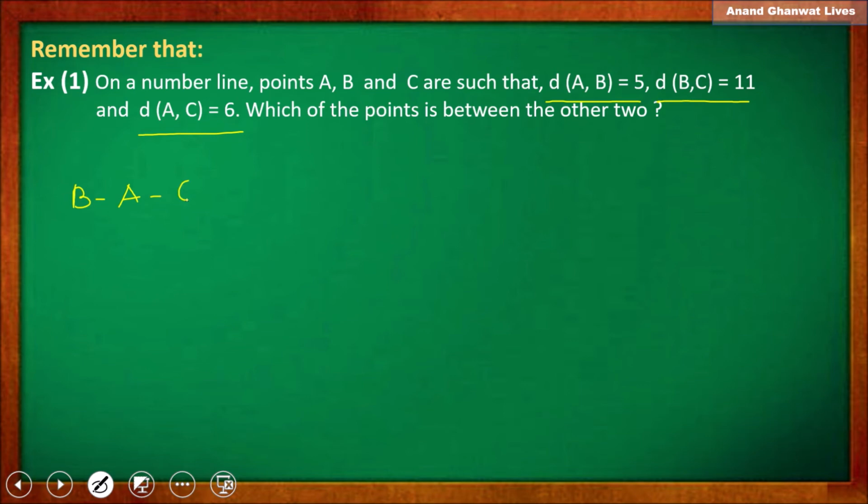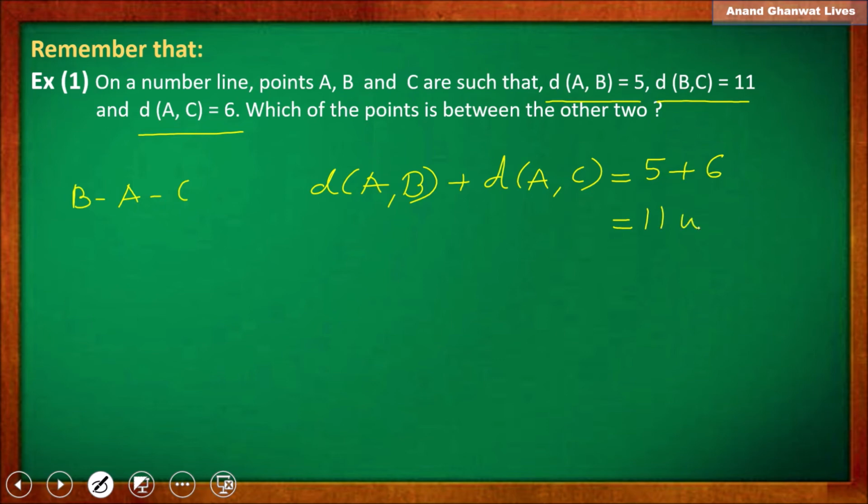So let us check it for B and C as extreme points and A lying between them. Let us check the distance between point A comma B plus the distance between point A comma C. The distance between point A comma B is 5, plus the distance between point A comma C is 6. It is equal to 6 plus 5, that is 11 units. Now the distance between point B comma C is 11 units.